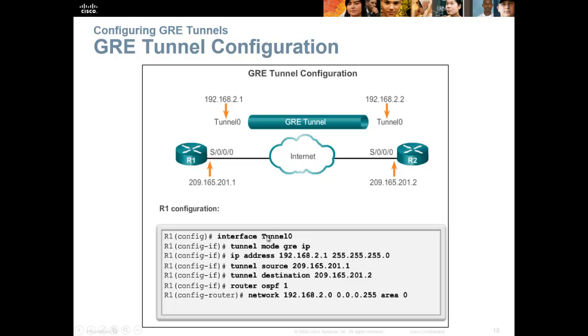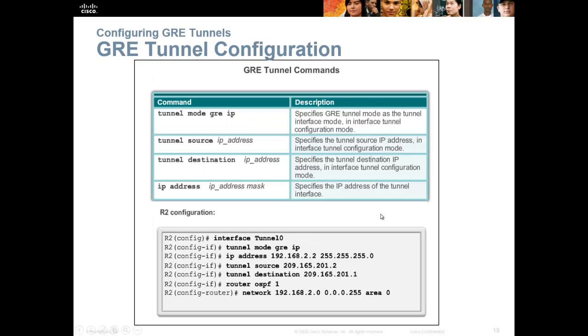You only need to do five commands to make your GRE tunnel. But then you have to go to the other end and do the same thing. He goes interface tunnel 0, tunnel mode GRE IP, then he assigns his tunnel an IP address, and then he creates the source and destination. At that point, your GRE tunnel is done. Only five commands to make it happen.